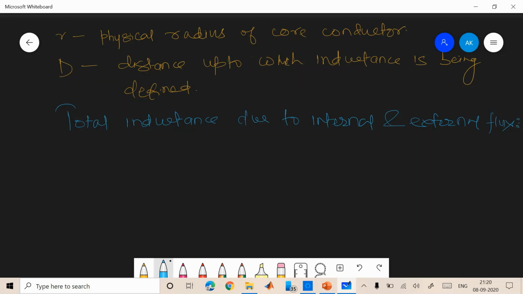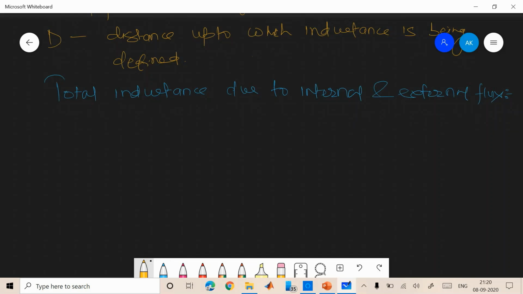Okay, so we have derived what is the internal inductance of an isolated conductor and external inductance of an isolated conductor. So now let us assume a case 1. We will talk about case 1, that is your conductor material is magnetic material. So for magnetic material your mu r is not equal to 1.